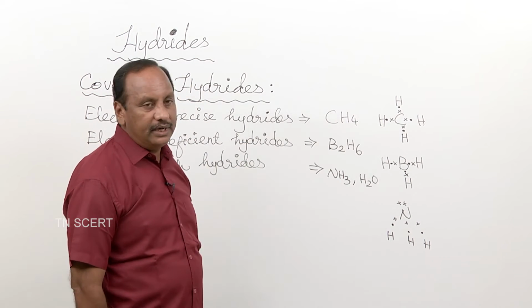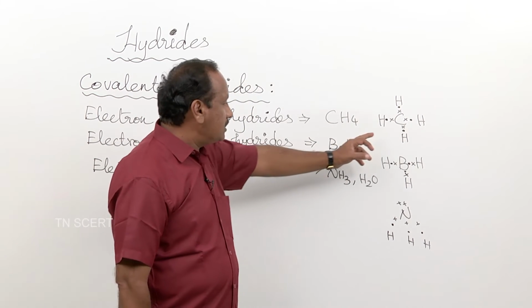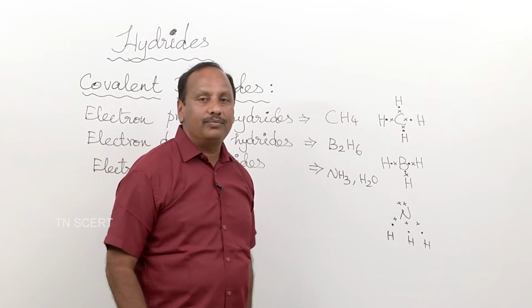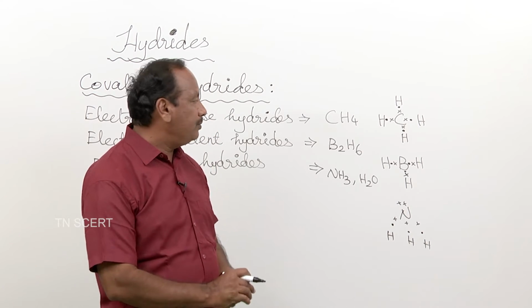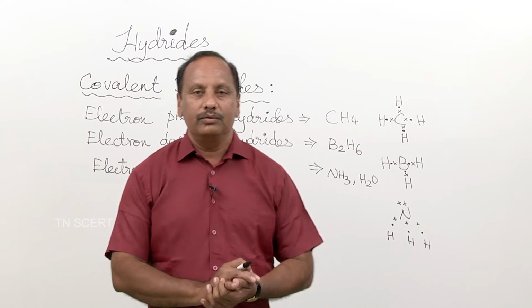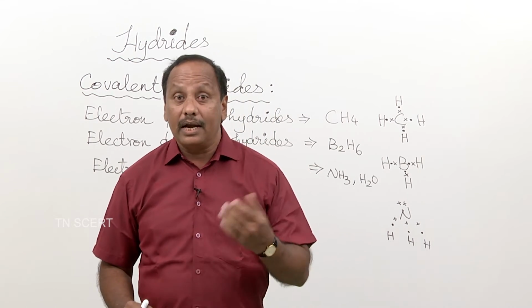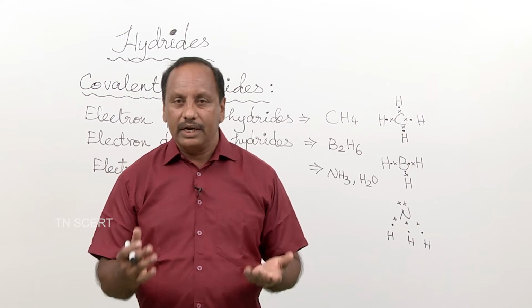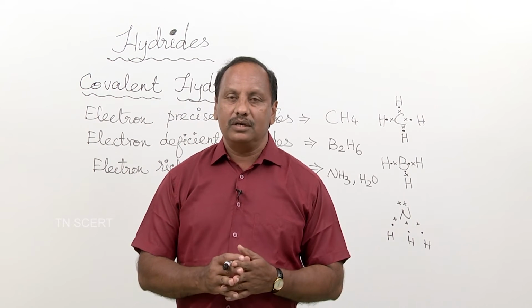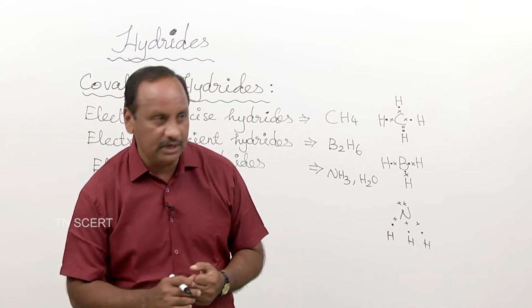Methane, ethane, etc. So, look at the electron dot formula for methane. Before going to discuss the dot formula, we must know the octet rule. What is meant by the octet rule? An atom tends to lose or gain or share electrons to attain the 8 electron structure in its outermost shell.